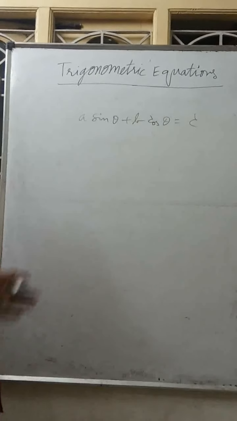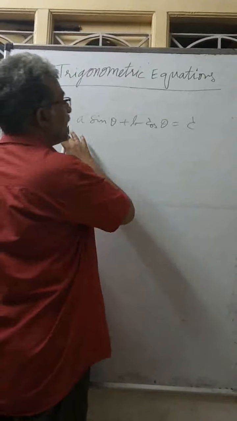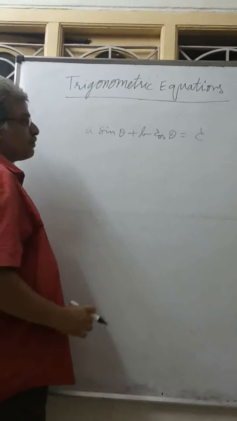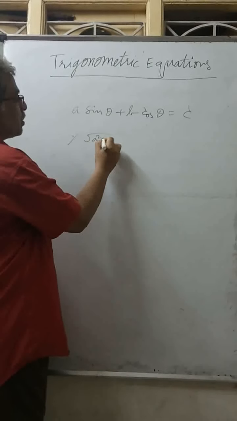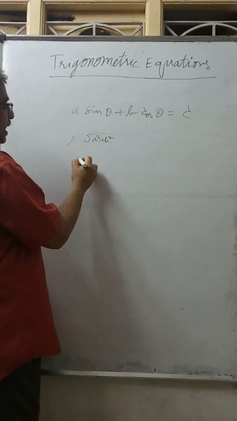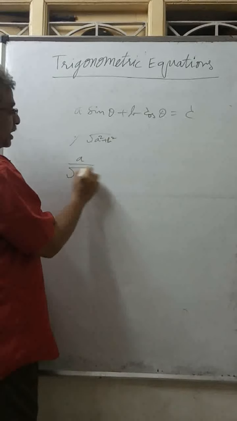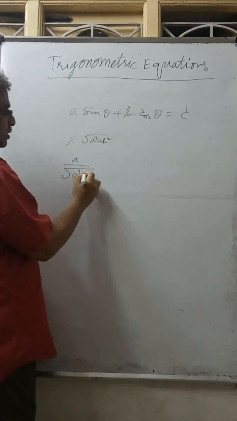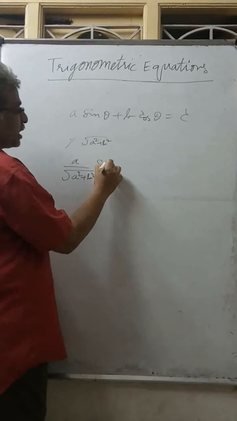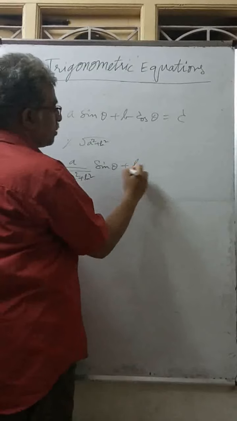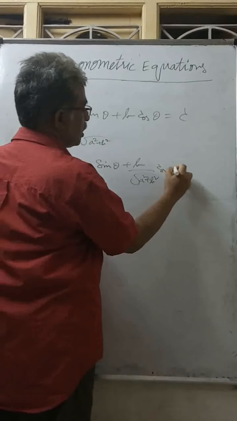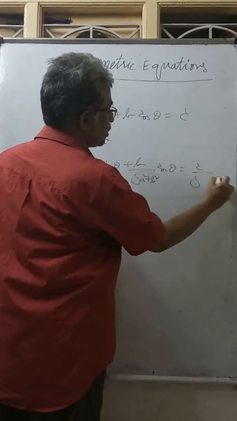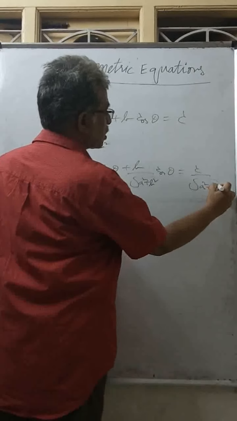That is one way. Another way, what I told is, divide the whole equation by root of a square plus b square. Why? What happens? We already discussed in IB. This is a by root of a square plus b square into sin theta plus b by root of a square plus b square into cos theta equal to c by root of a square plus b square.